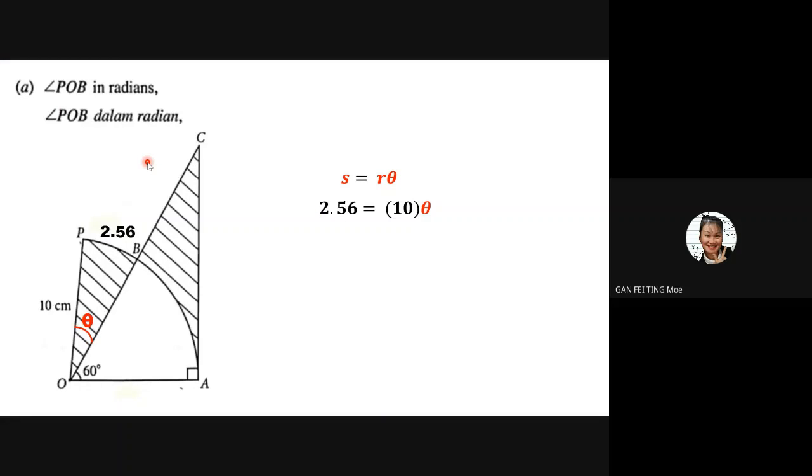Then bahagi dengan betul. Then you get your theta equals to 0.256. Why 3 significant figure? By right, it should be 4 significant figure, kerana yang ini is given as 3 significant figure. That's why saya boleh dapat ini sahaja jawapan saya.